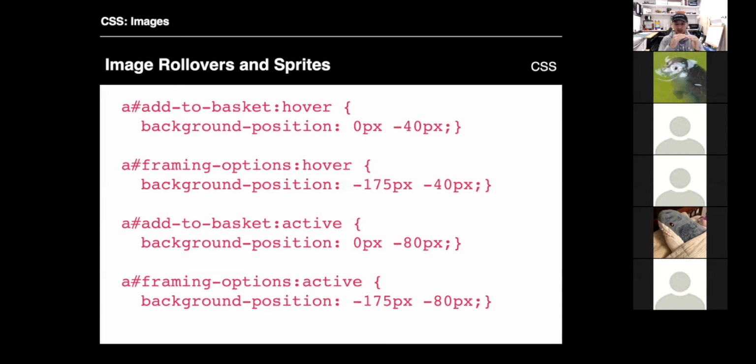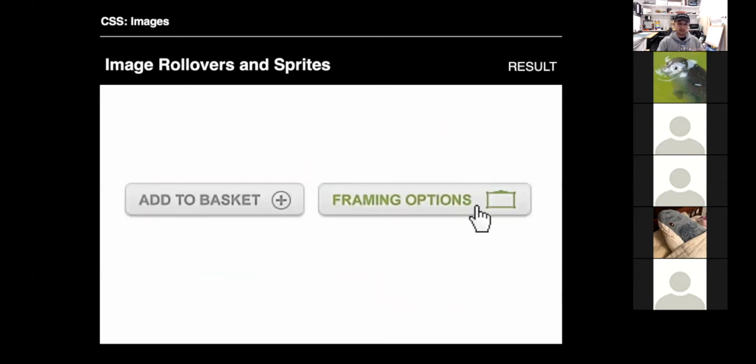So when you hover over it, it's going to change the position down. So the second graphic is going to be shown. And then when we click on it to activate the button, then it's going to shift down again to show the top graphic. So this is what it looks like kind of in the browser.